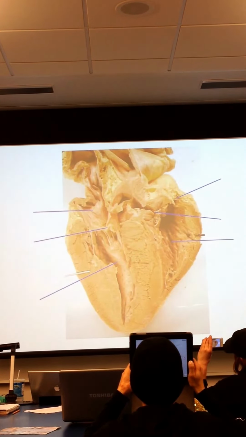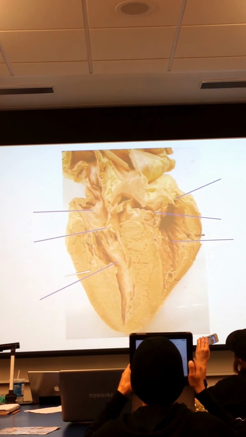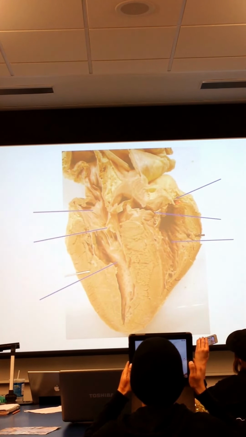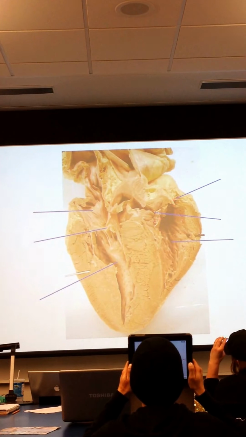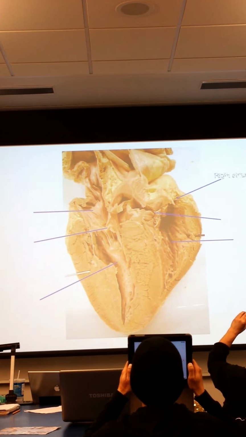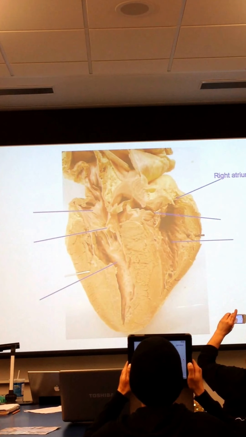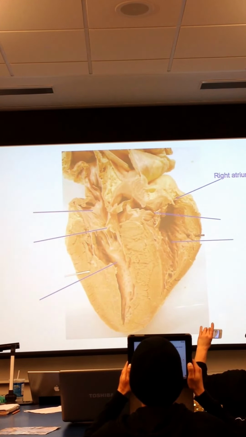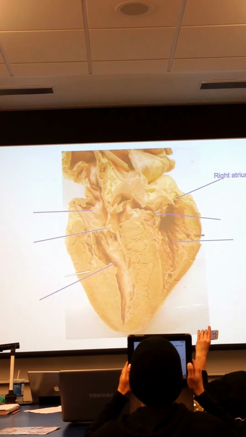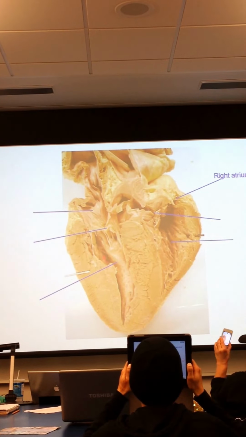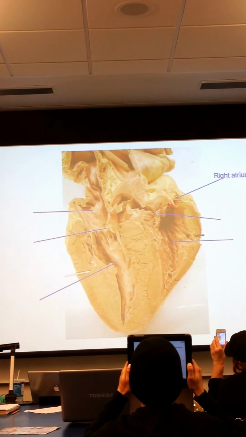All right. Now this guy, let's start up in here. What is this called? That looks like the right atrium. Ah, very good. The right atrium. First thing you do is find left from right. So this one's been flipped. Look at the thickness of this wall compared to the thickness of this wall. This means this is the left side. So that makes this the right atrium. Then we have this funky valve in here.